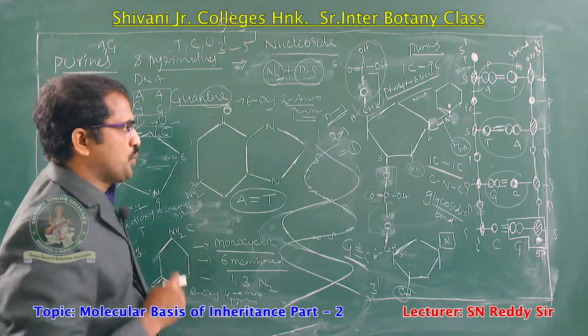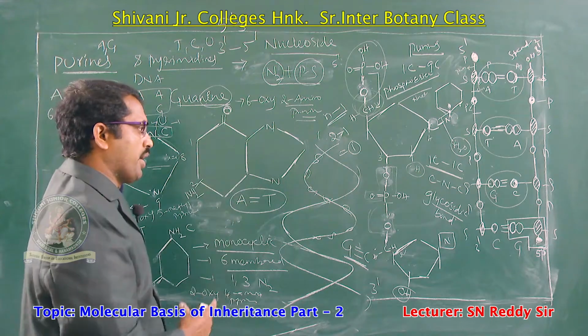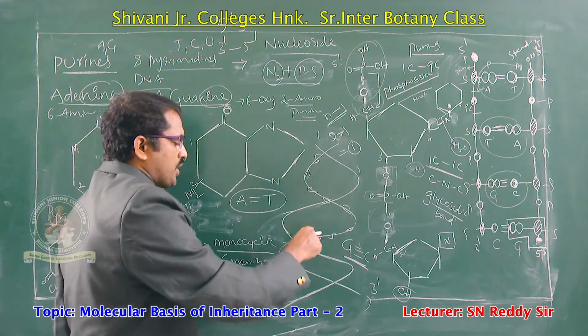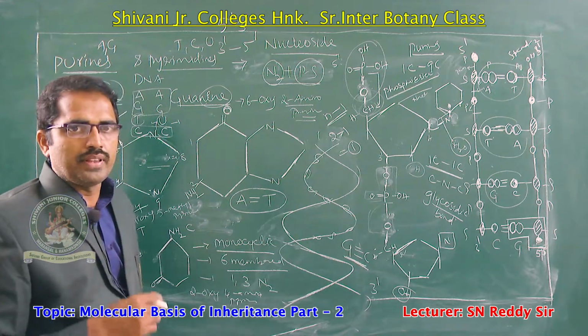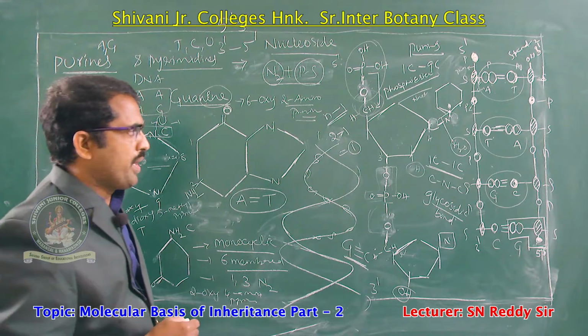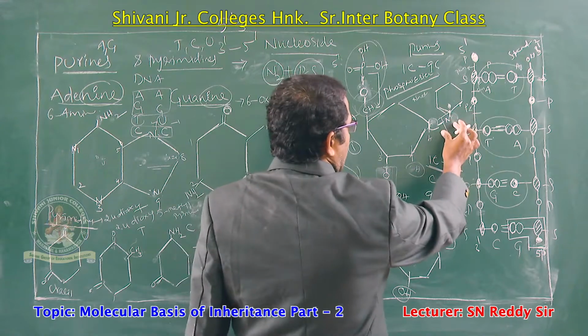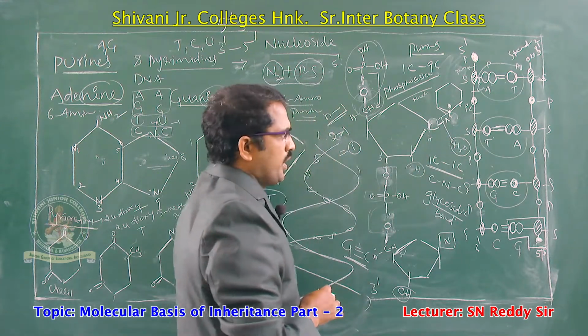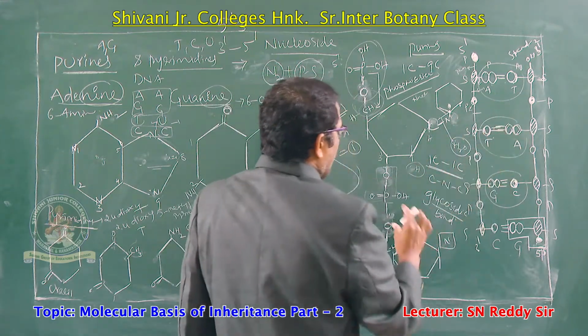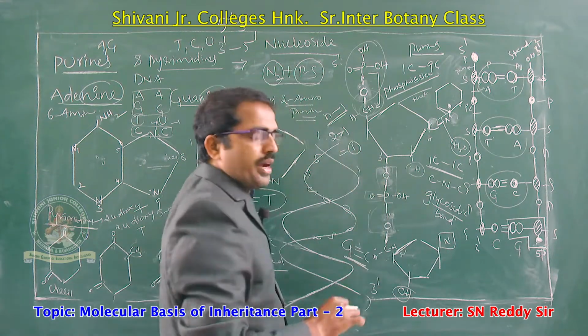By these two strands making bonds, there is a double helix model structure of the DNA in all living things. How many types of bonds are made? Just observe. There is a glycosidic bond, a hydrogen bond, and a phosphodiester bond.